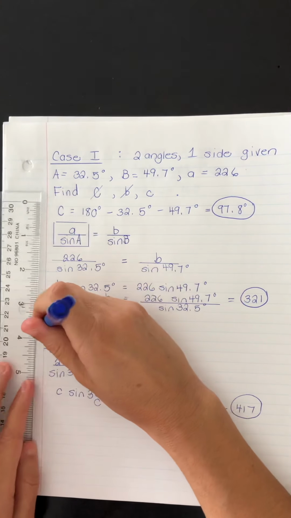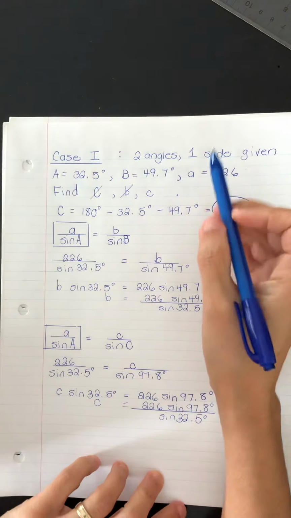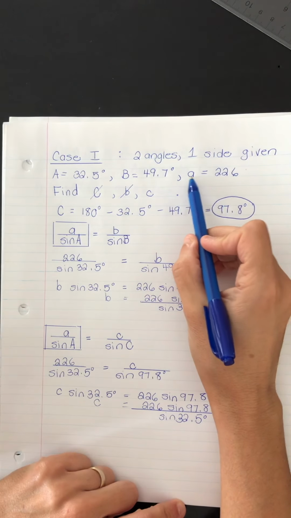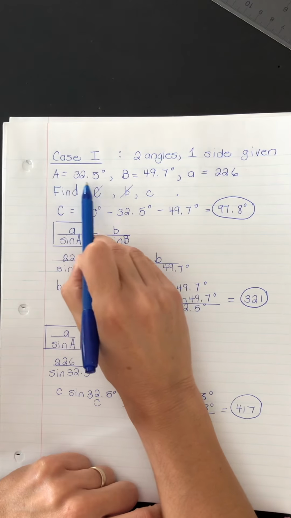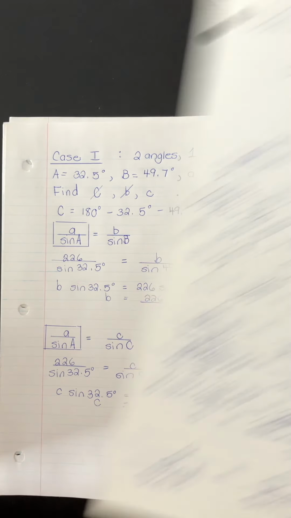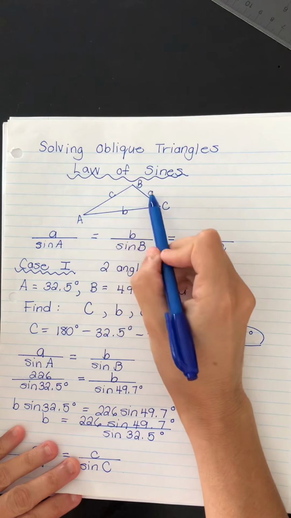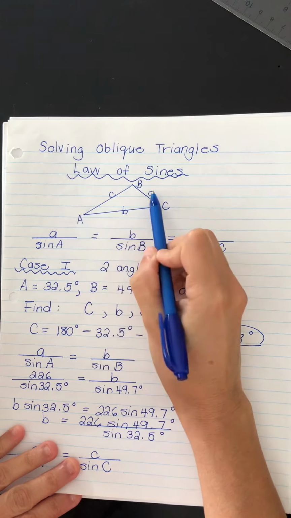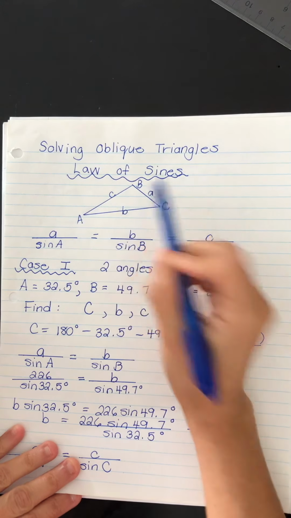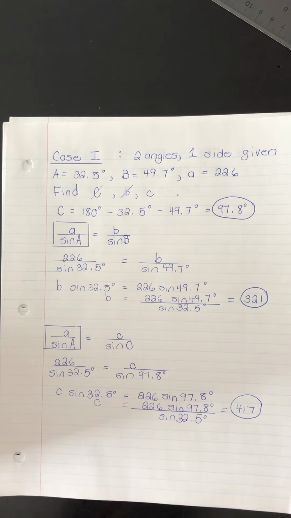The fact that in the problem, we were given both the side length and the angle called A. In other words, we were given a side and the angle opposite it. And that's what allowed us to use the law of sines.